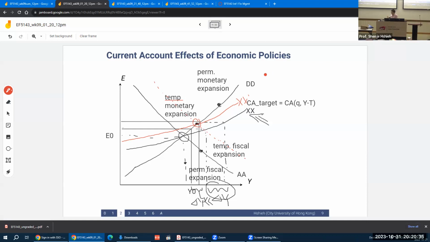So this is just something to think about, right? If the XX curve is even higher, something like this, then you can do permanent monetary policy expansion. Well, if it's down here, you can do temporary fiscal policy, or if it's super down, then you may have to shift more curves, right? But things to think about.